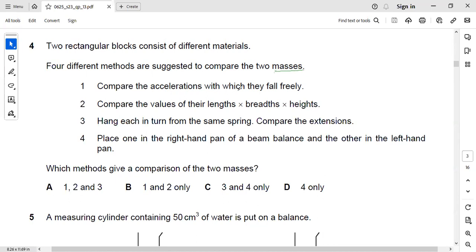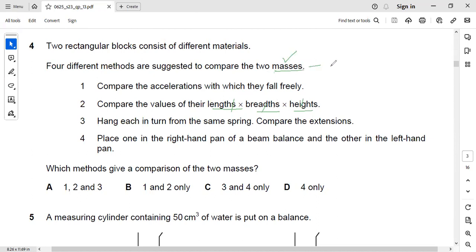Compare the acceleration with which they fall freely. Acceleration will be the same for all objects when falling freely. Compare with the length, breadth, and height. We cannot compare with the help of length, breadth, and height. We need to compare the mass. So this is not an appropriate method.